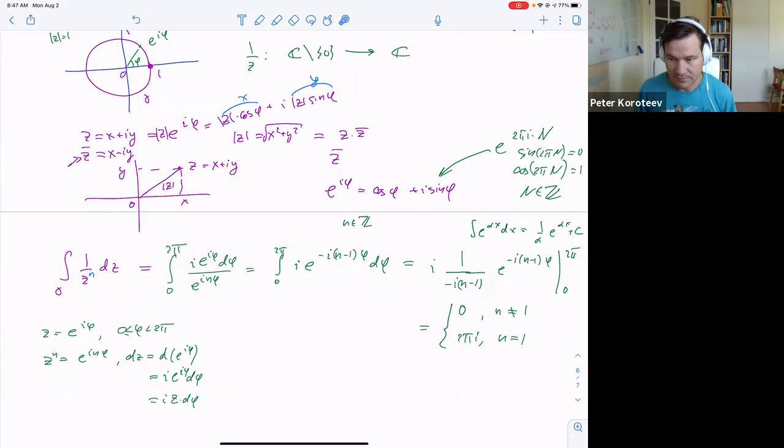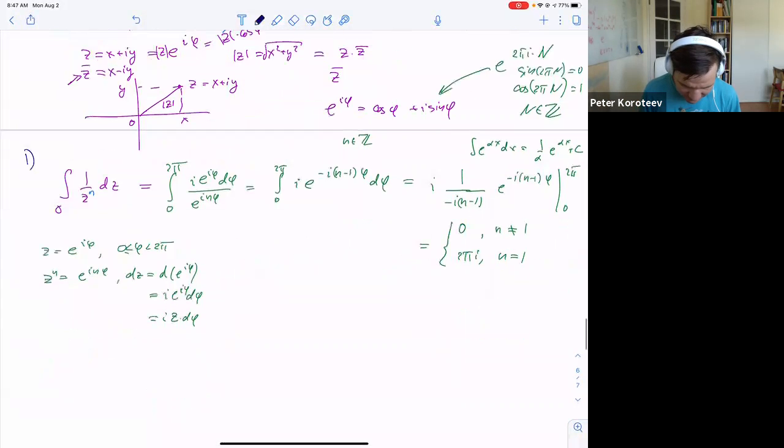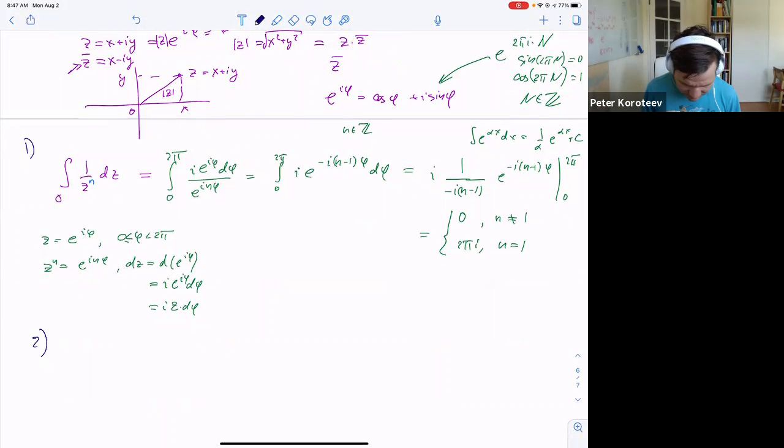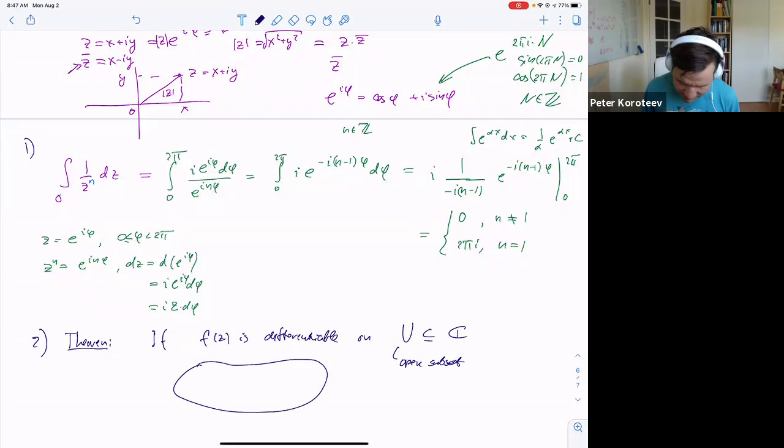Okay. Now, that's the first part. So I'll make a statement in two parts. So part one is this, and then part two, let's just state as a theorem. That if f of z is differentiable, let's write this on U, which is an open subset of C. So think of an open subset as just some set in a plane without the boundary.